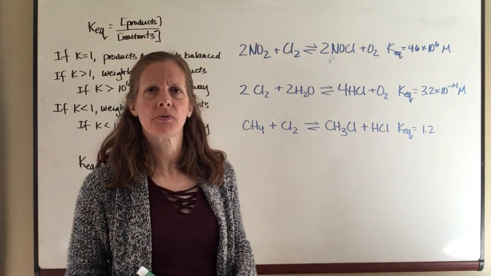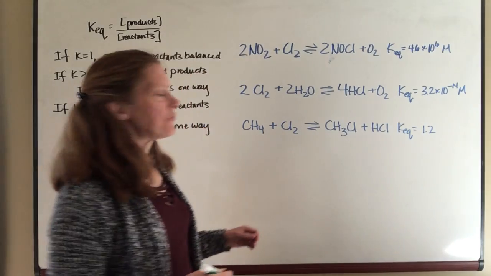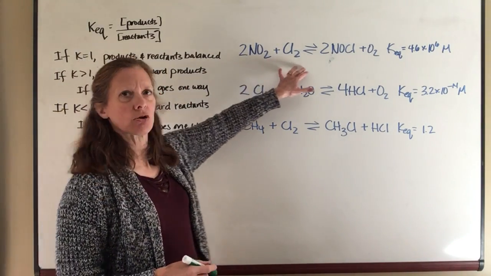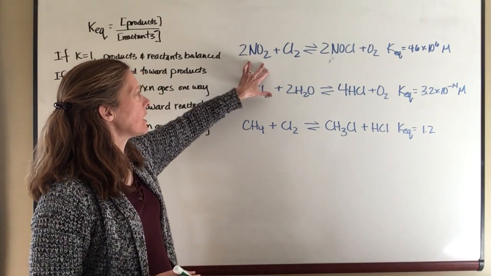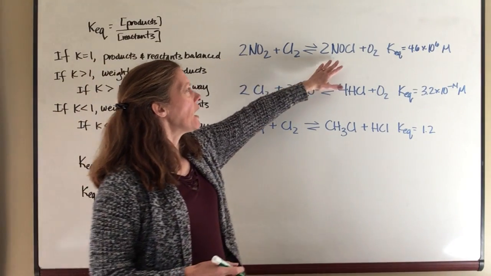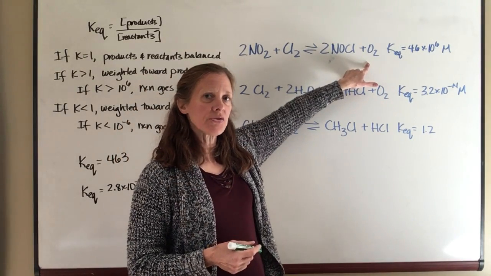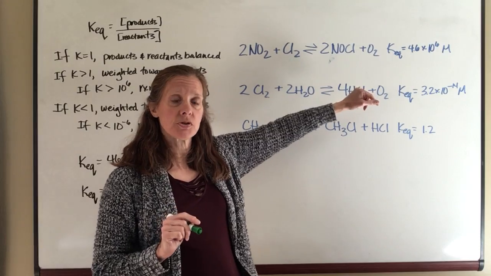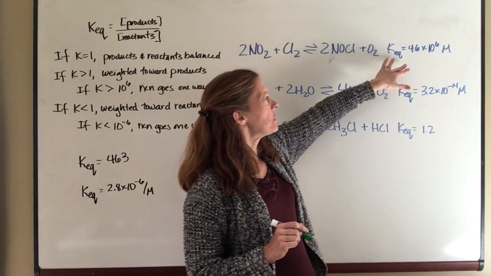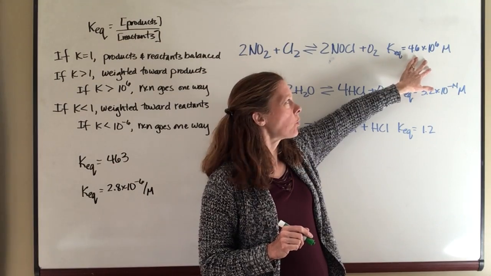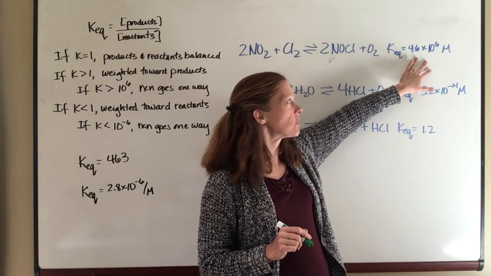So let's look at a couple of other examples here and figure out what's going to happen with these. If I look at this particular reaction up here, nitrogen dioxide plus chlorine yields 2NOCl plus O2. I've been given that the equilibrium constant, which remember is dependent on temperature, is 4.6 times 10 to the 6th. So what do I know about this particular reaction?